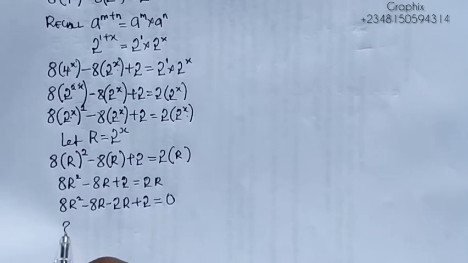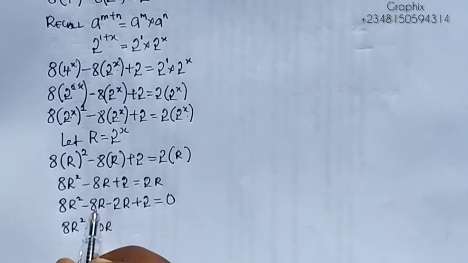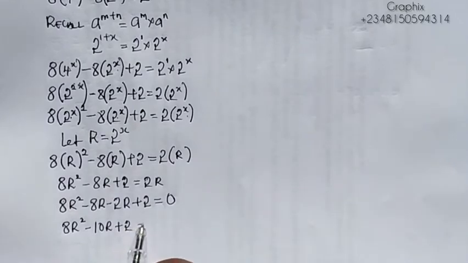So we'll be having 8r squared minus 10r, because minus 8 minus 2 gives minus 10, plus 2 equals to 0. So I'm having a quadratic equation.